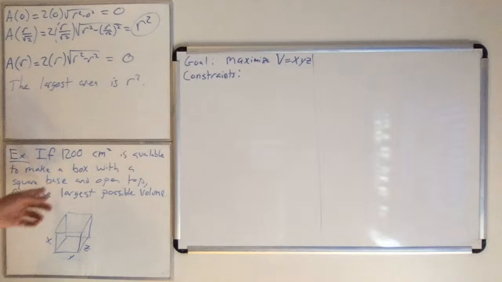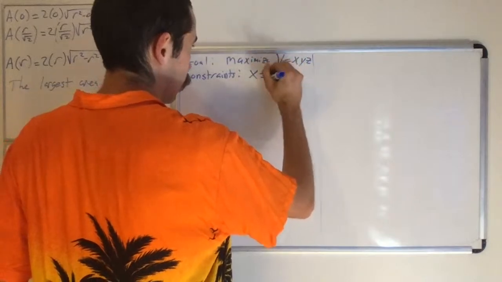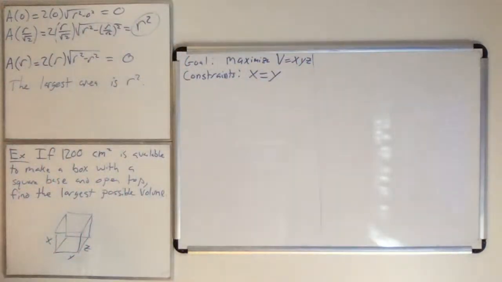Well, we have a square bottom. So two of the sides are equal. And the surface area has to equal 1200. Okay, so we can replace the y with x because it's a square bottom.